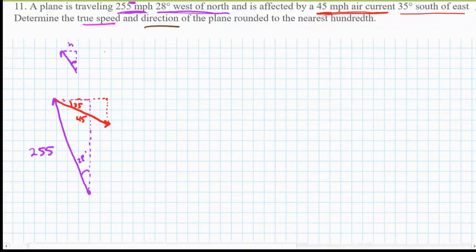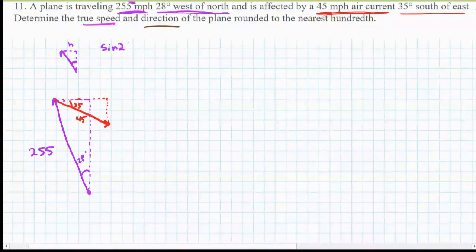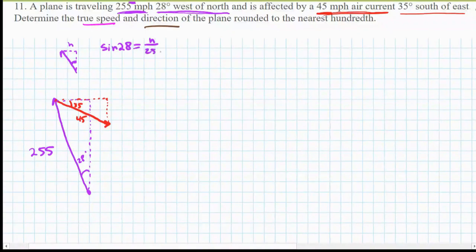So for the horizontal, sine of 28 gives me the horizontal component over the magnitude, which is 255. So my component will be 255 times sine of 28. Now it is going to the left, so I know this has to be negative.